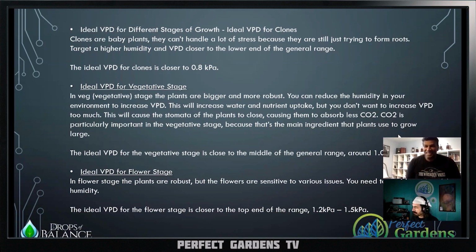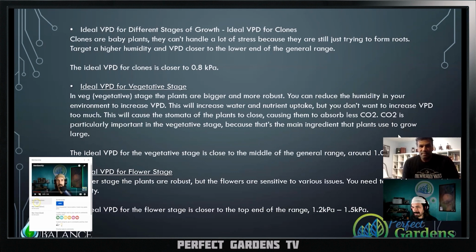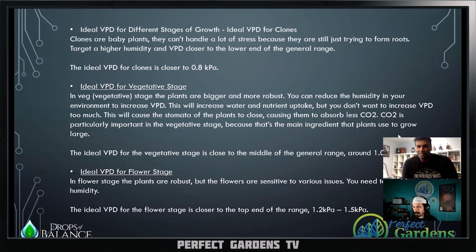Exactly. So you can almost create a mother that is producing cuttings with fewer stomates, because it's getting as much CO2 as it needs, since it's so present. Wow. This video just laid out three or four things for me.